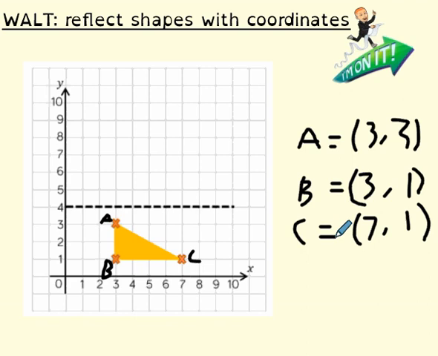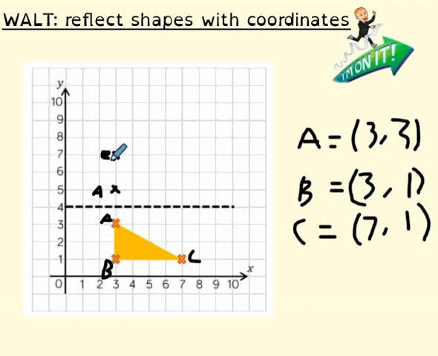So your A, if I've gone down 1, I would have to go up 1 to here. B, if I've gone down 1, 2, 3, I'd have to go up 3. 1, 2, 3. That is a B there, by the way.